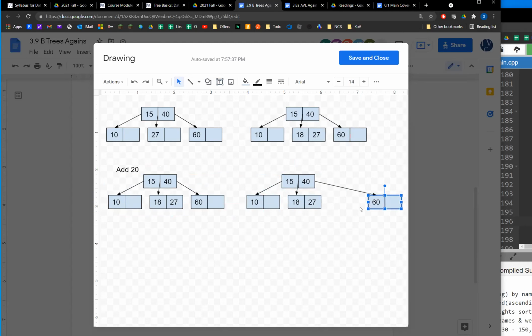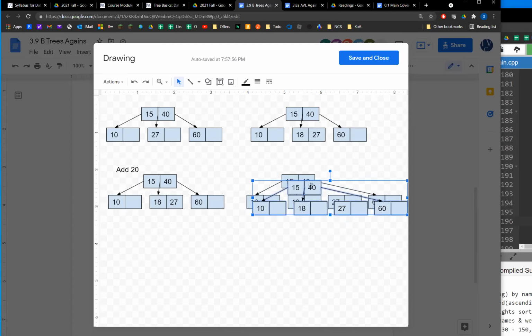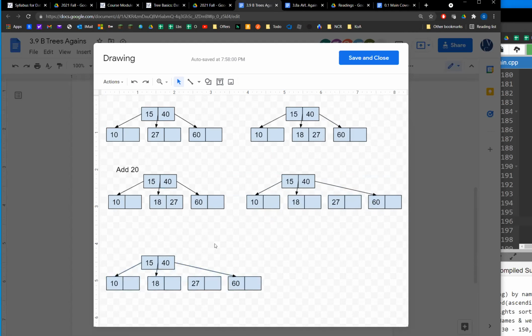All right, so make some space. I want to add 20. 20 will be the median value. So 20 is working its way back up the tree. 20 is hitting our root. The root is already full. It's going to have to split as well.